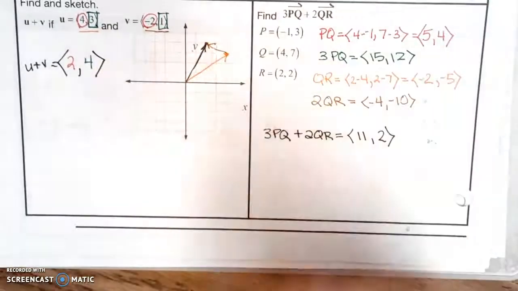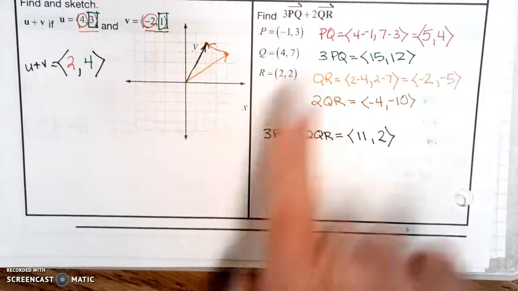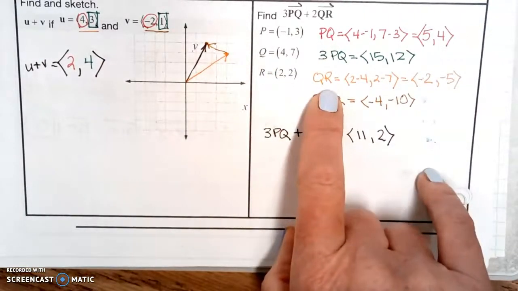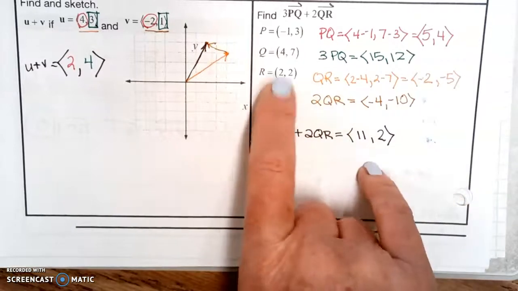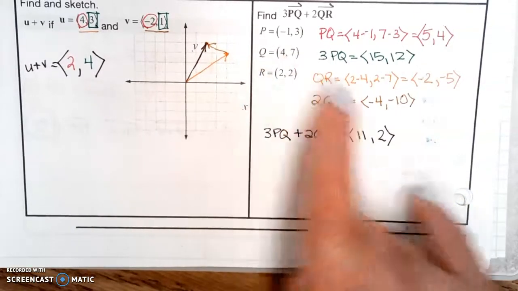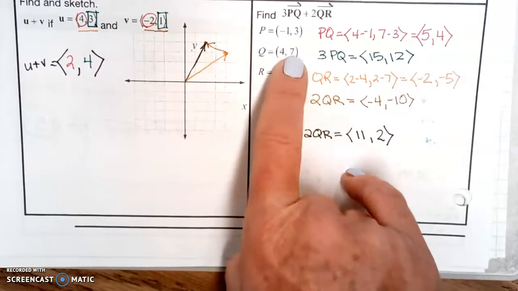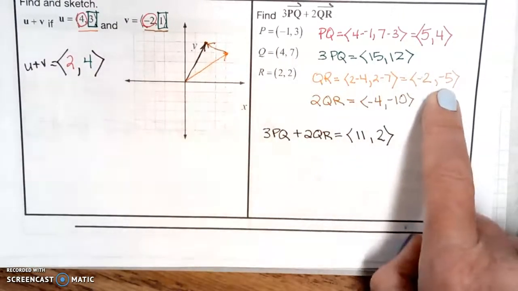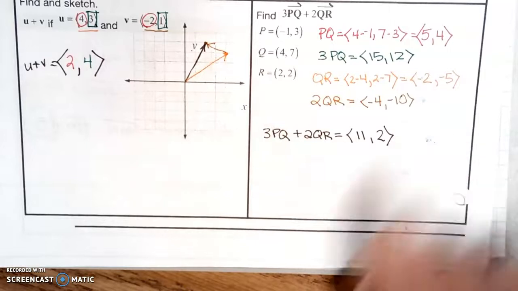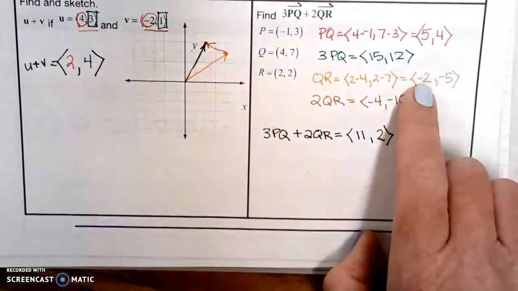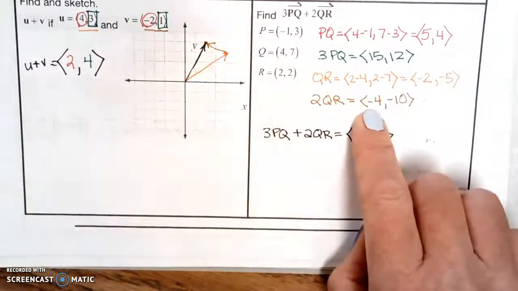Now we're going to do that with QR, and the scalar there is a 2. So first let's get QR. We start with R minus Q. So 2 minus 4 is negative 2. And then 2 minus 7 is negative 5. Then we want to scale it by 2. So 2 times negative 2 would be negative 4.